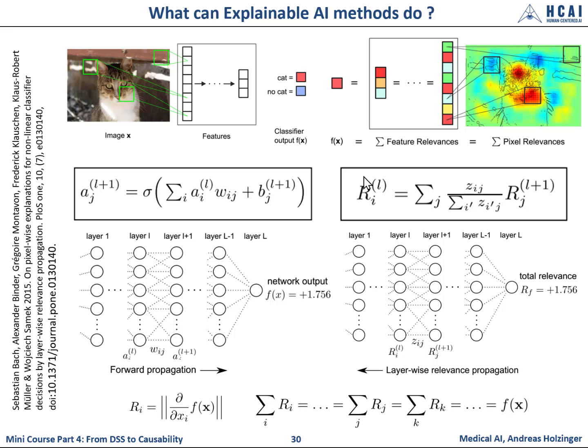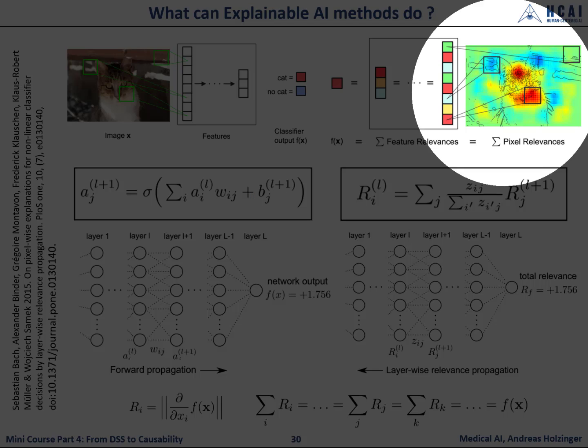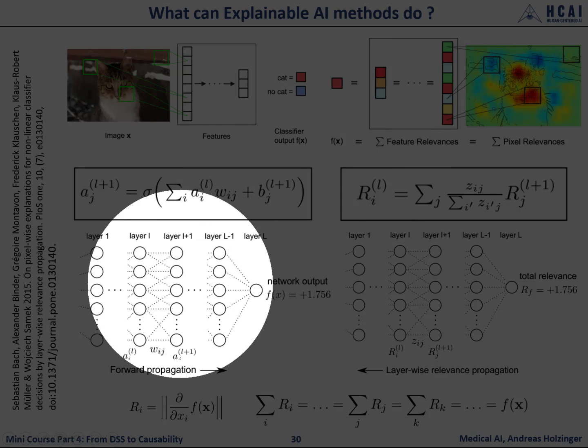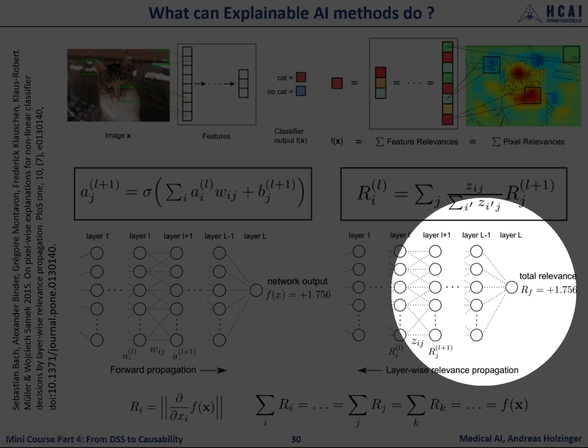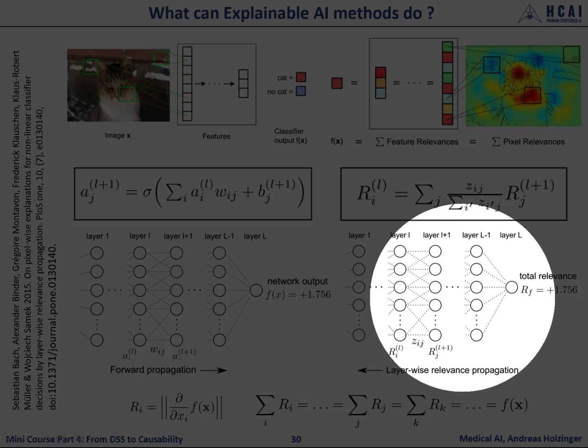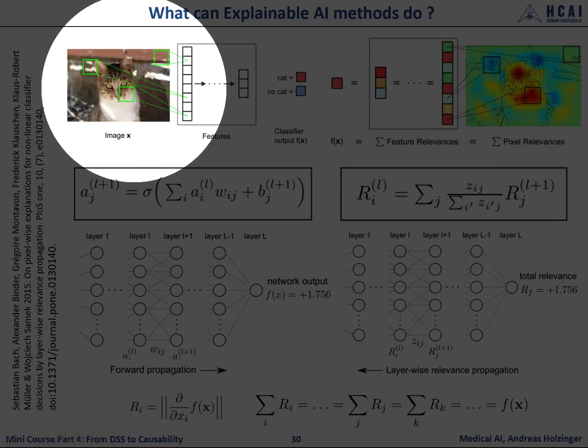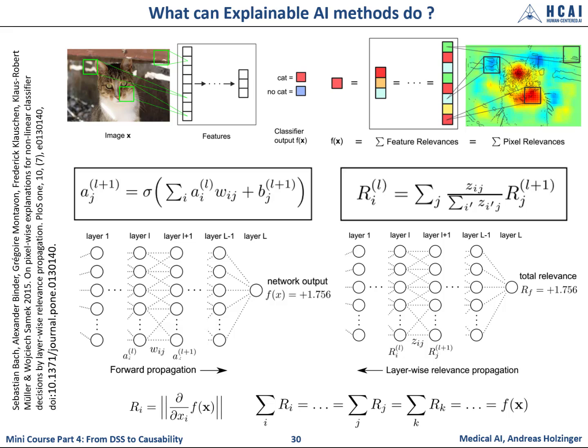The output value is back projected layer to layer, resulting in pixel relevance values, and this can be visualized by a heat map. This is the heat map here, and this is how it works, layer for layer. This is forward propagation, and this is then layer-wise relevance back propagation. And then you get the relevance score out of it, and then you know which pixels contribute to making a cat a cat. So this is just an example of how this explainable AI method works and what it can do for you.